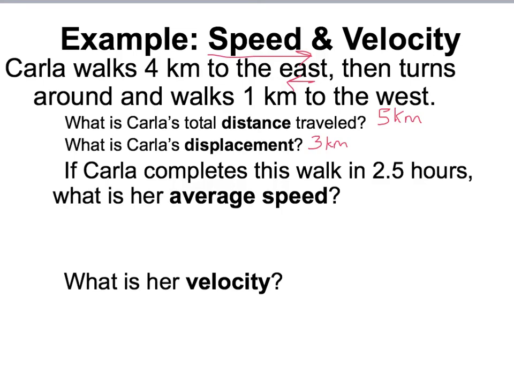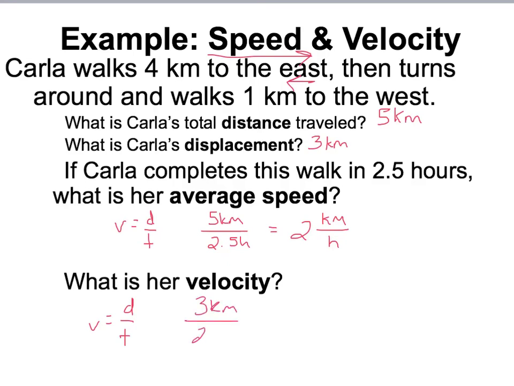So this is going to affect her speed, and hopefully you're starting to see it. It says if Carla completes this walk in 2.5 hours, what's her average speed? Well, remember, we have this formula. We're given the distance of 5 kilometers and a time of 2.5 hours. So her average speed is going to be 2 kilometers per hour. For her velocity, we use the formula that looks the same, except now D stands for displacement, which is 3 kilometers.